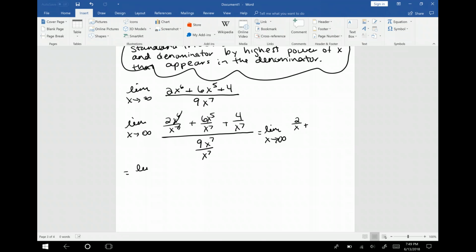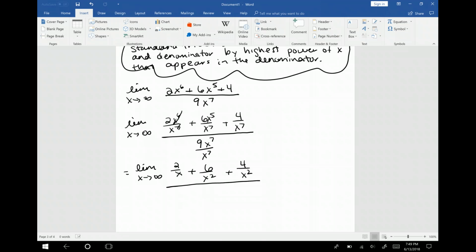I'm going to rewrite this down here so I can write a little bit bigger. So we have 2 over x plus 6 over x squared. And then we have 4 over x to the 7th. We can't really simplify that.